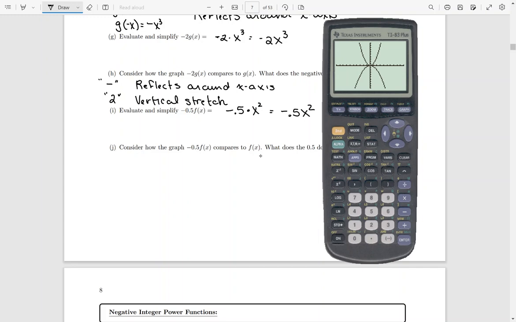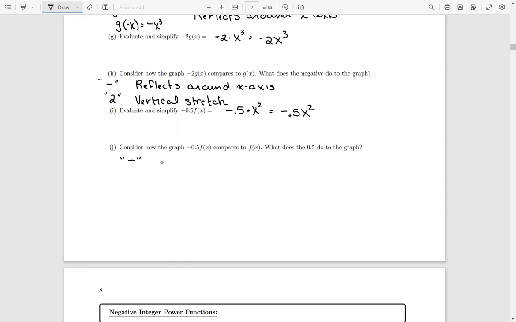And so what the negative did was reflect around the x-axis, and then the 0.5, we're going to call that a vertical compression. So think about it. If you vertically compress something, it kind of pushes it out. If you vertically stretch something, it kind of pulls it in or makes it skinnier. So instead of saying skinnier and wider, we say a vertical stretch or a vertical compression.